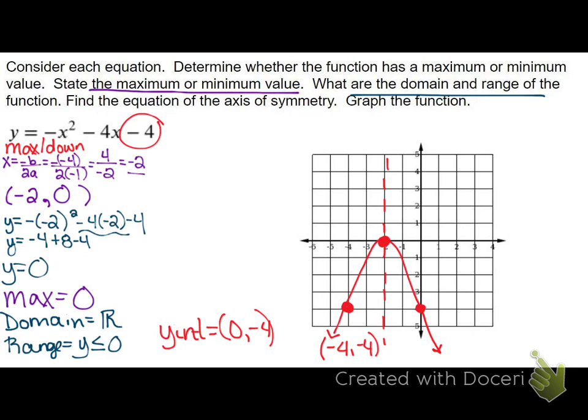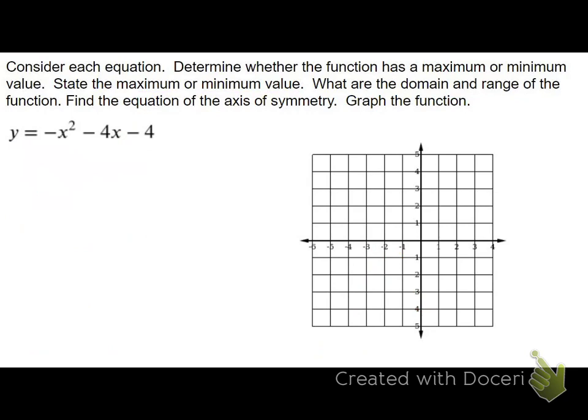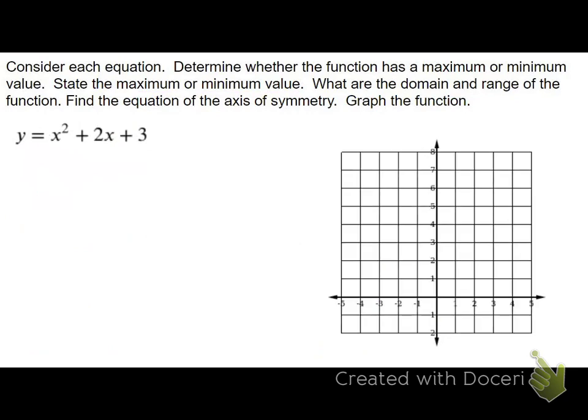All right, let's go ahead and look at the second example problem. It's just like the first. We're looking for the same information. So the first thing we're going to do is the exact same thing we did on the other one. We found the axis of symmetry, because the axis of symmetry allows me to find my x value so that I can then substitute it to find my y value.